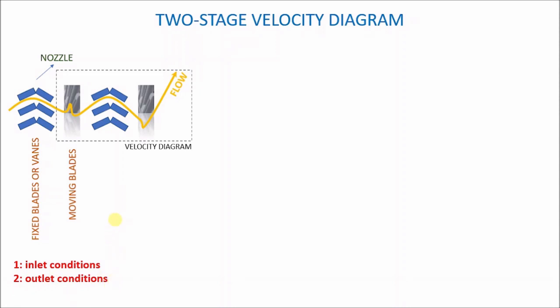Now, when you are drawing a velocity diagram, the first thing that you draw is the average blade velocity. And for that, we always draw a horizontal line like that. And then that line is, of course, a line that we will refer to as U, which is the blade velocity, or the average or mean blade velocity. And that is U, okay?